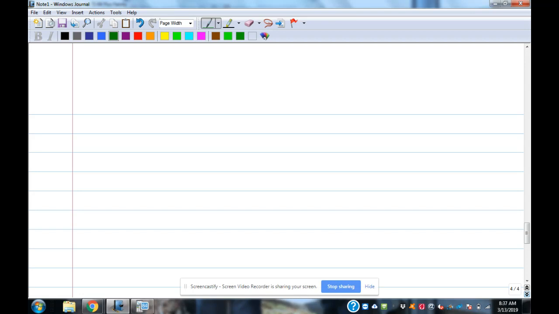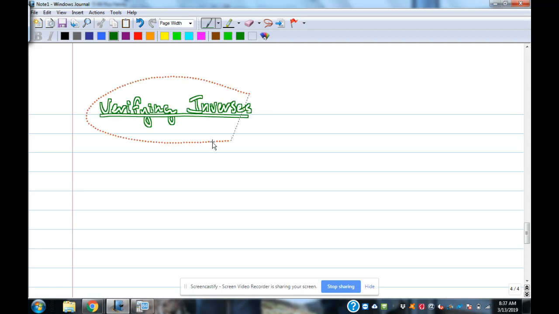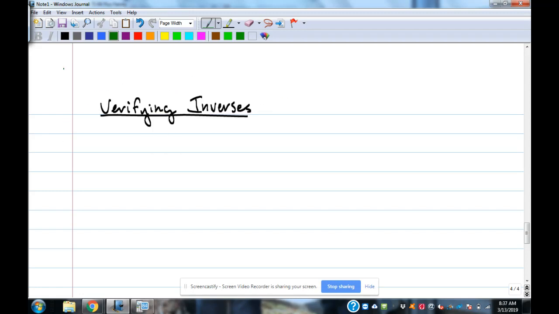Well, the connection is that you can verify inverses. Verifying inverses.